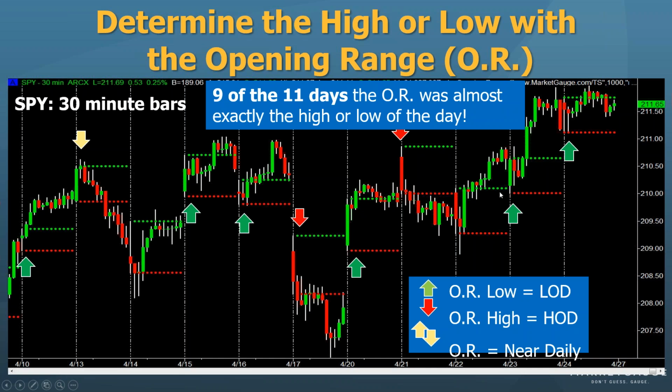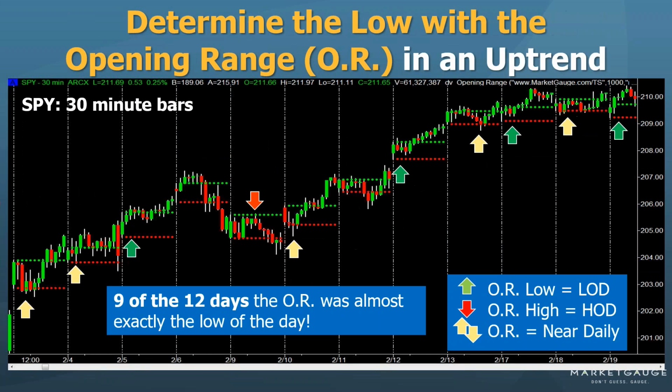You can see just by looking at the arrows that a majority of the time, in fact, 9 out of the 11 days, the opening range was either the high or the low or very close. Now, I didn't cherry pick this period. You can go do this test on any point in the market that you want.